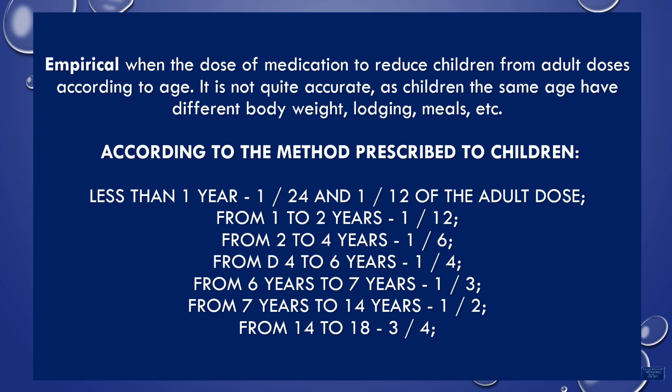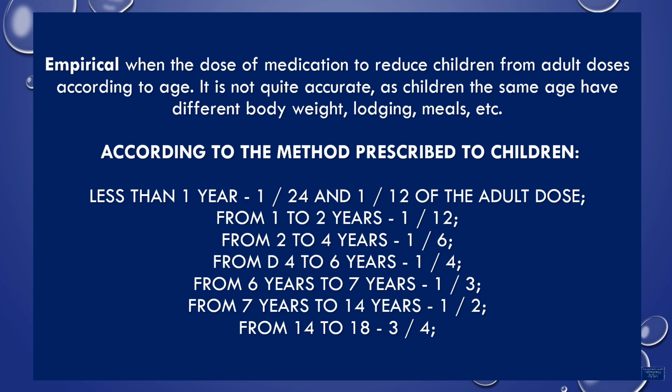Empirical, when the dose of medication is reduced for children from adult doses according to age. It is not quite accurate as children of the same age have different body weight, lodging, meals, etc. According to the method, children less than 1 year are prescribed 1 to 24 and 1 to 12 of the adult dose.